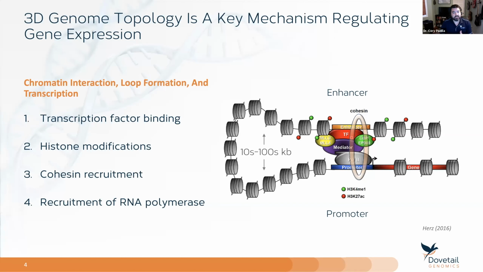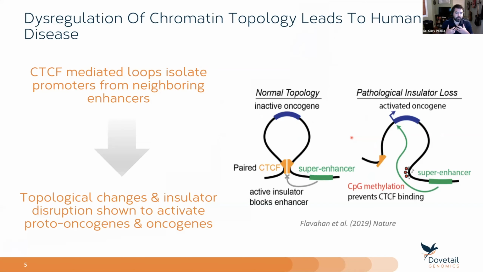And so this matters in terms of humans and diseases and gene regulation by looking at whether or not these 3-dimensional structures or these folding patterns are disrupted in different cell types. So in this really great study that was published in 2019, they were looking at why an oncogene, a cancer gene, was being activated, and they found that an over-methylation site actually destroyed this gene loop here.